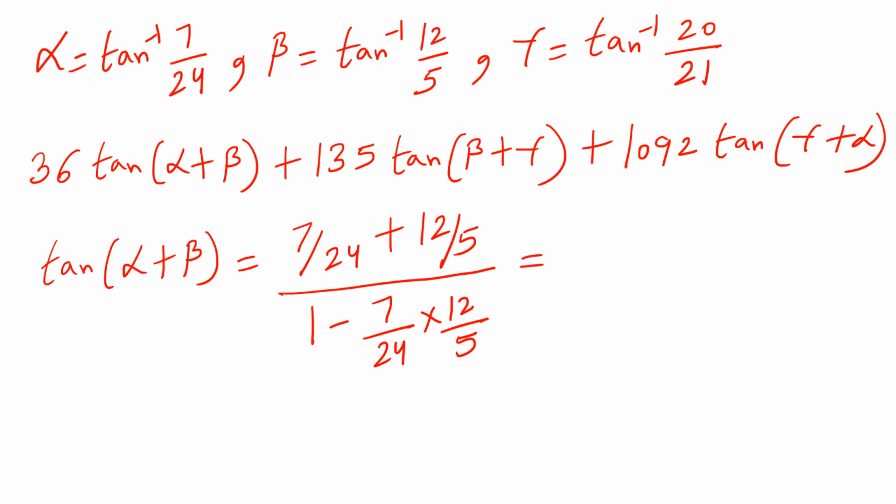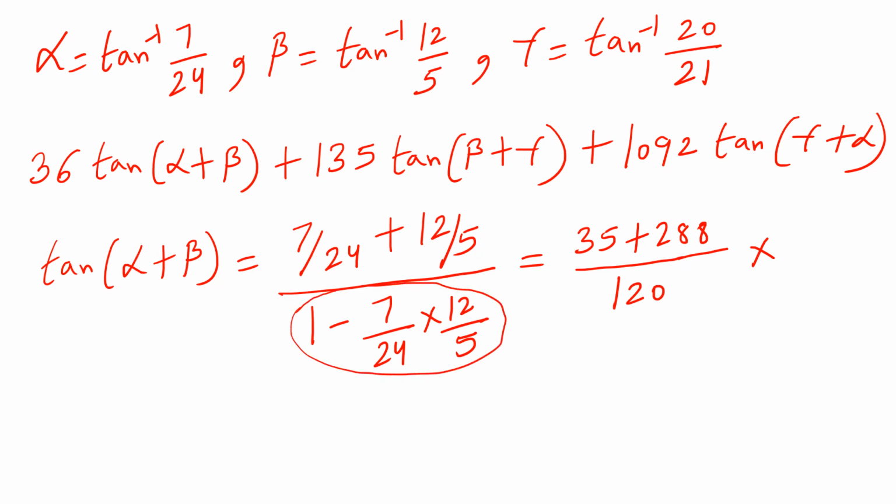It becomes 120 in the denominator, and in the numerator it becomes 35 plus 288, into this value in the denominator is 1 minus 7 upon 10.